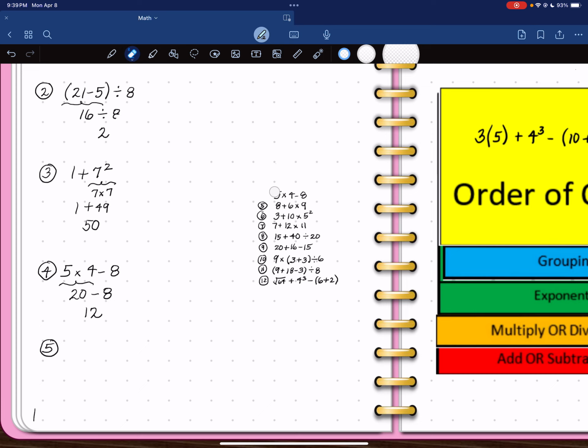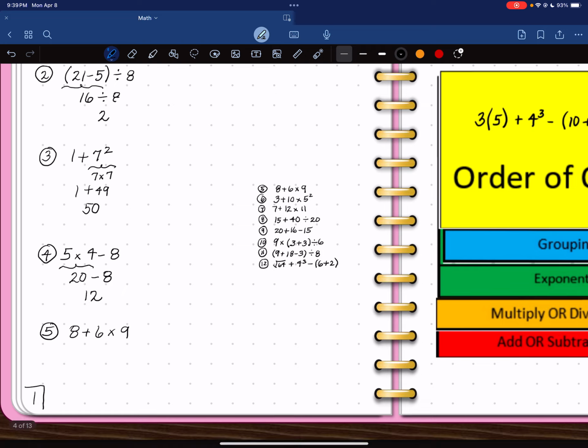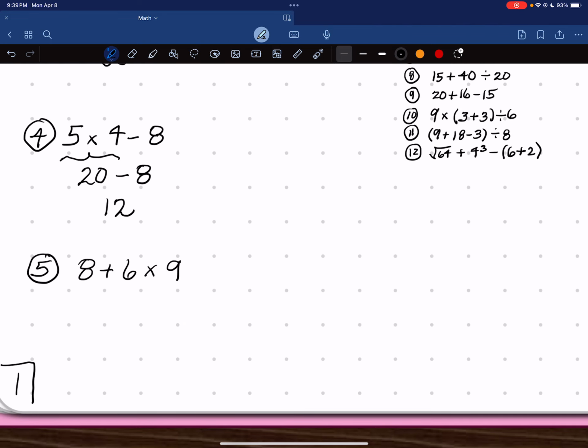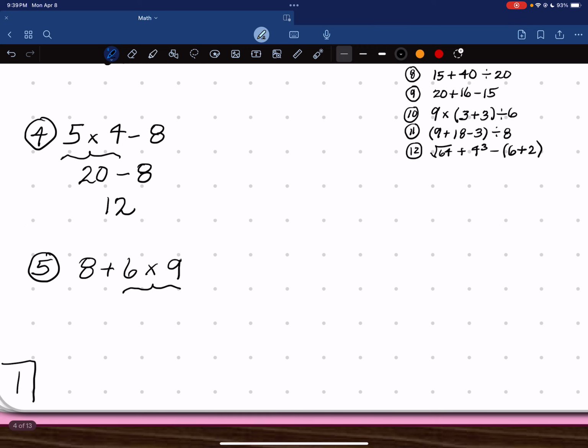Number 5. We have an 8 plus a 6 times a 9. I'm going to put a box around that. That's the page number. No grouping symbols, no exponents, multiply or divide. We do have that multiply. 6 times 9 is 54.